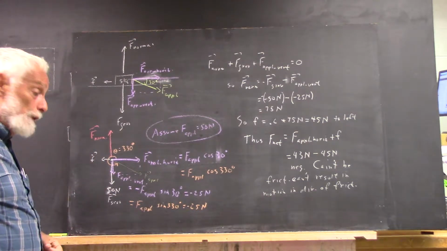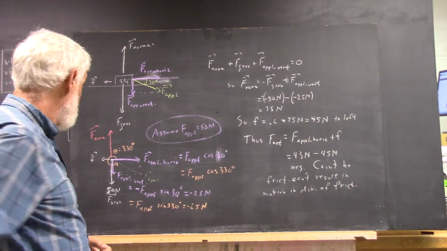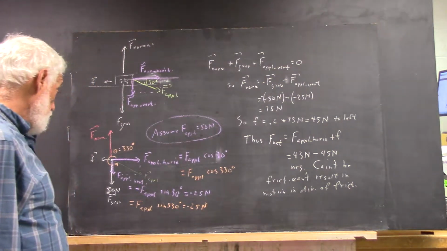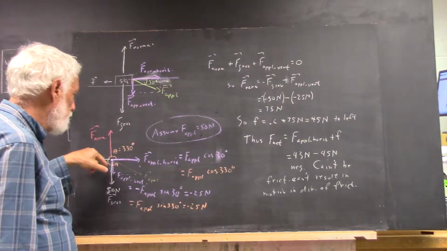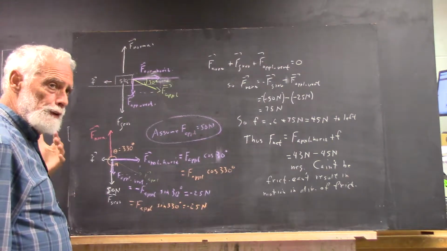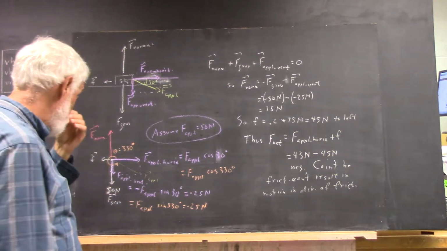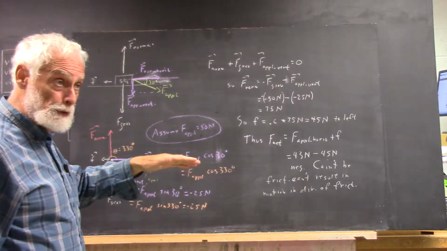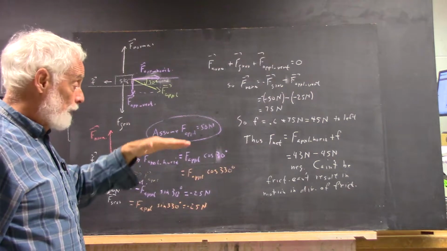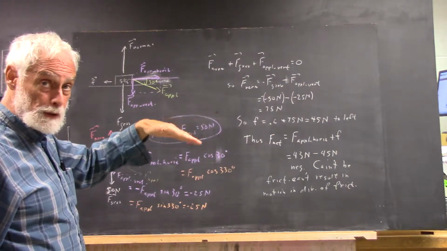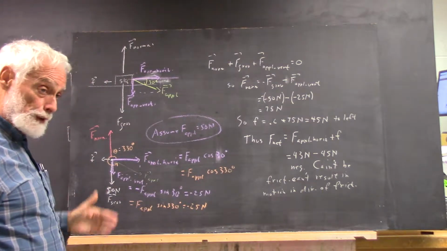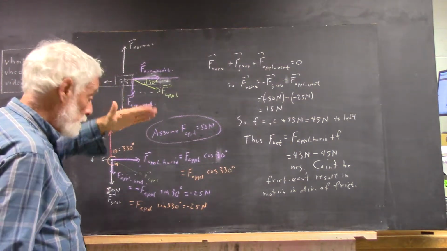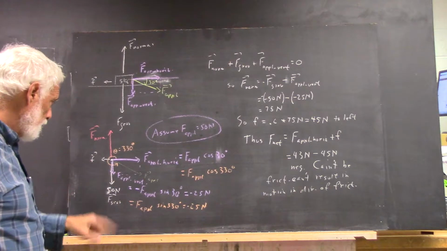Now I'll say one other thing, and in this course we will generally measure our angles counterclockwise from some chosen direction. That direction will usually be our x direction. And as we'll see next time, our x direction is not always horizontal. There are reasons we would want an x direction to be other than horizontal. So our coordinate system would rotate from the horizontal, but we'll get to that.